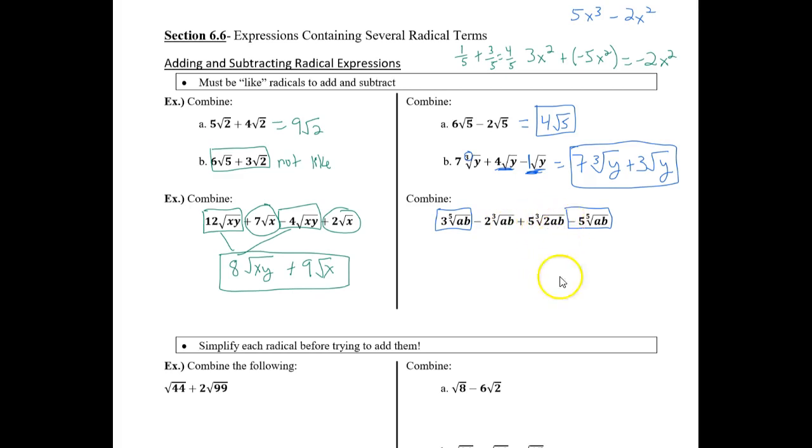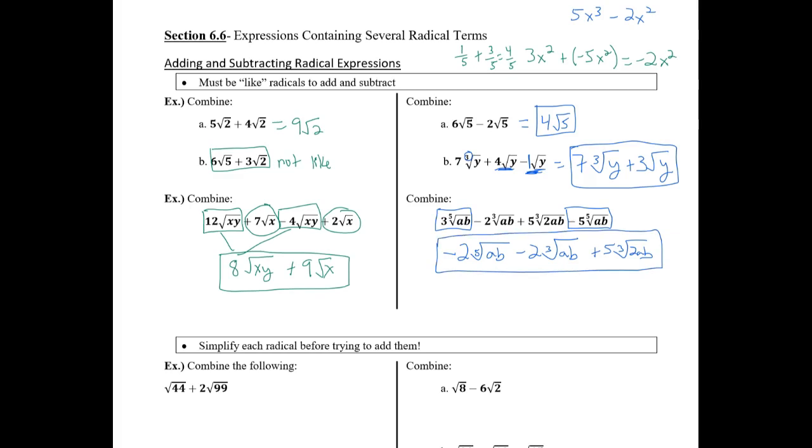They're not alike. So the only thing we can add here is the 3 times the fifth root of AB and negative 5 times the fifth root of AB. So 3 minus 5 is negative 2, still a fifth root of AB. Everything else stays the same because they were not like terms. And that's as far as you can take that.